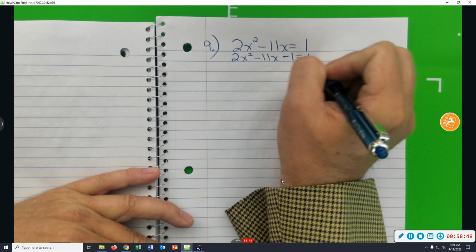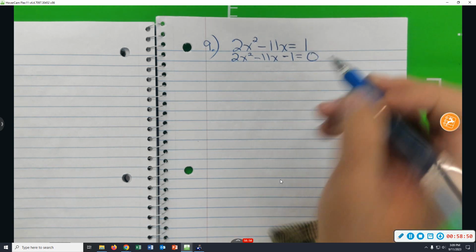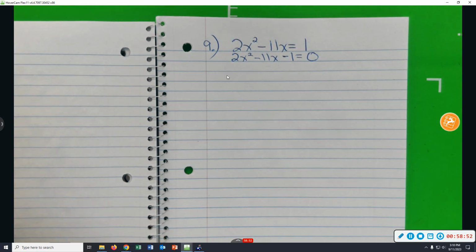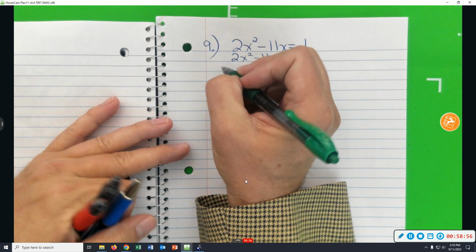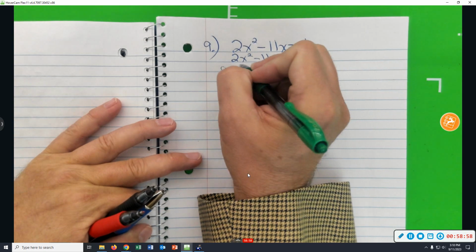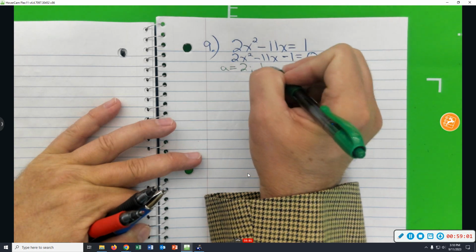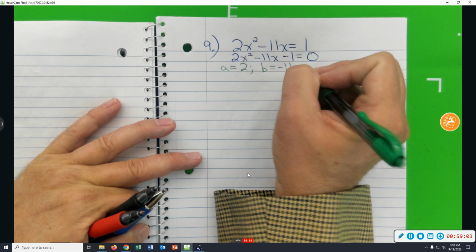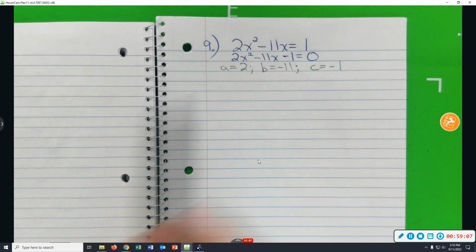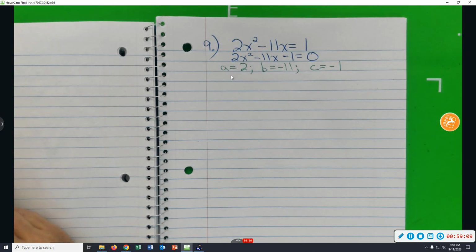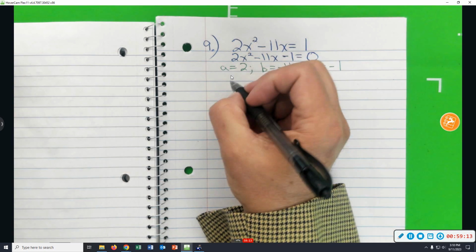So we'll identify our a, b, and c values. What's a? 2. b? And c? So you've already told them to take those signs. Why don't we go ahead and rewrite that quadratic formula?